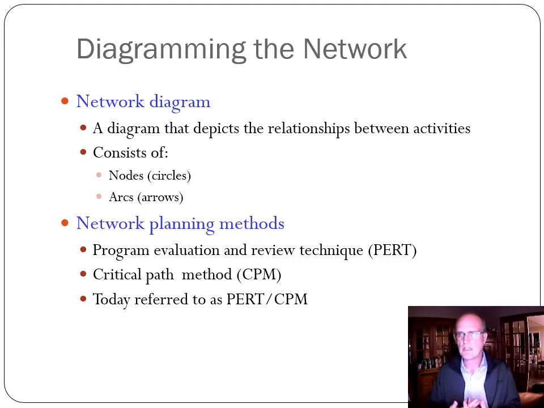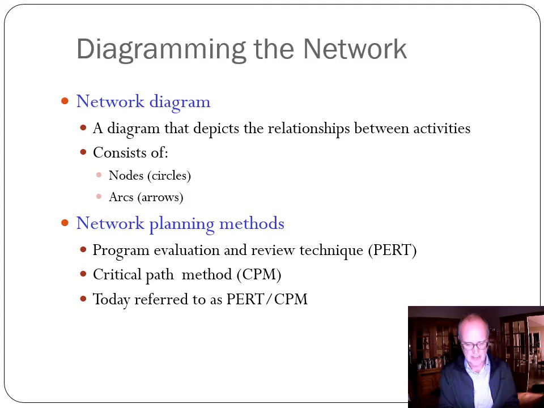So the first thing we need to do when we're doing this sort of critical path approach is diagramming the network. We're providing a graphical example of what the network looks like. And it depicts the relationship between activities.